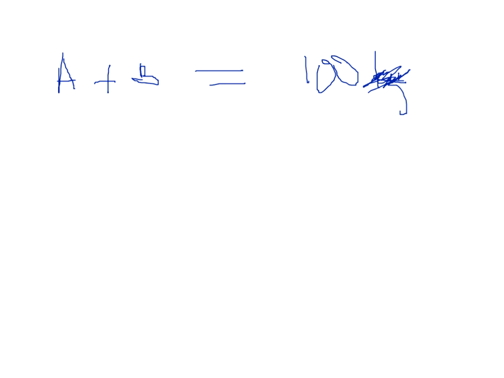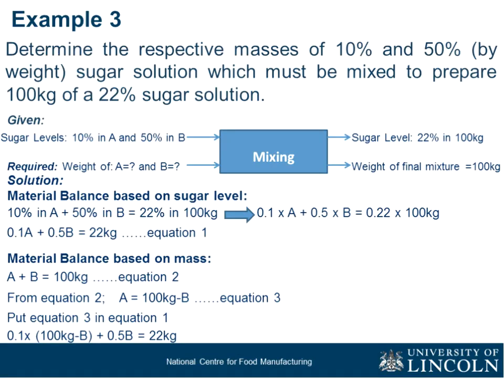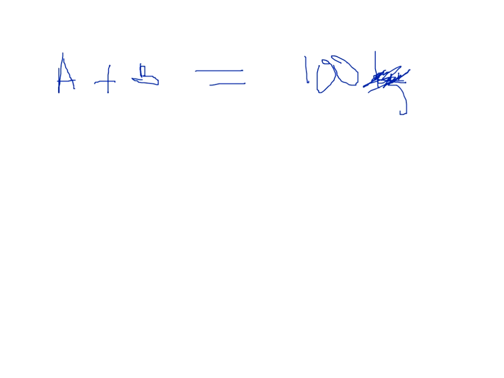Now, this is overall. At individual level, we have 10% and 50%. So 10% is 0.1. If you agree with me, I can write my 10% as 0.1, 10% of A and 50% of B. I can write my 50% as 0.5.